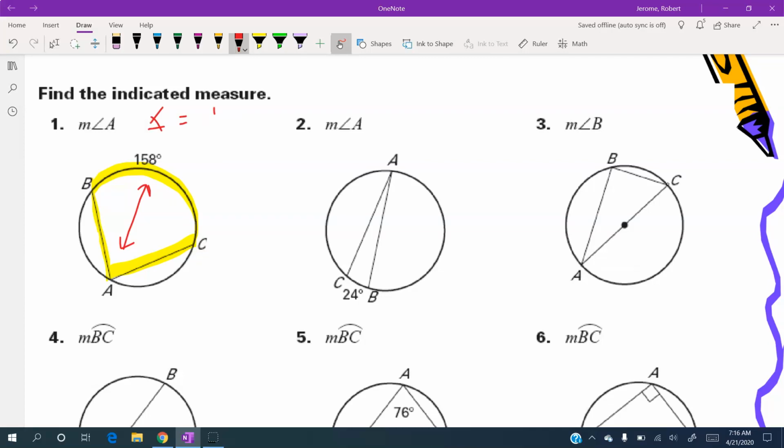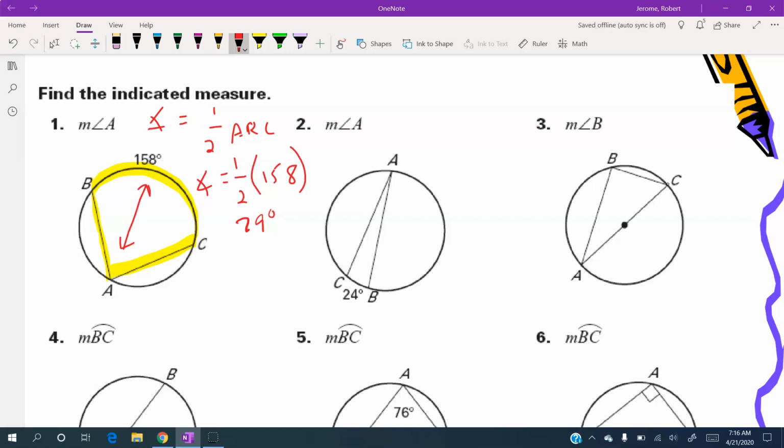Angle equals half arc. And we're going to plug in the one we know. In this case, we know the arc. So angle equals half, and in this case, our arc is 158. And when we divide that out, we're going to get 79. So our angle in this case is 79 degrees.